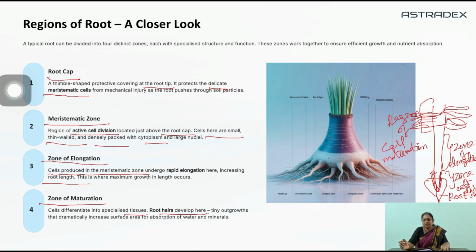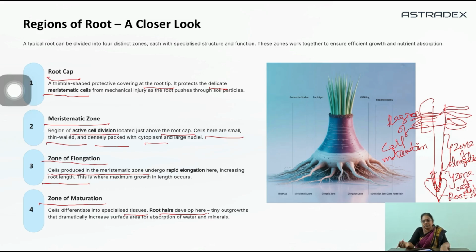First function is the main function, that means the primary function. Primary function is fixation, that means anchorage. The plant is firmly attached to the soil through the root. This is anchorage or fixation. Second one is absorption.